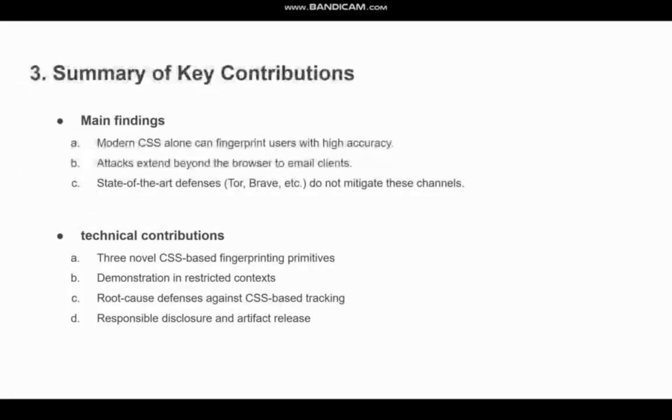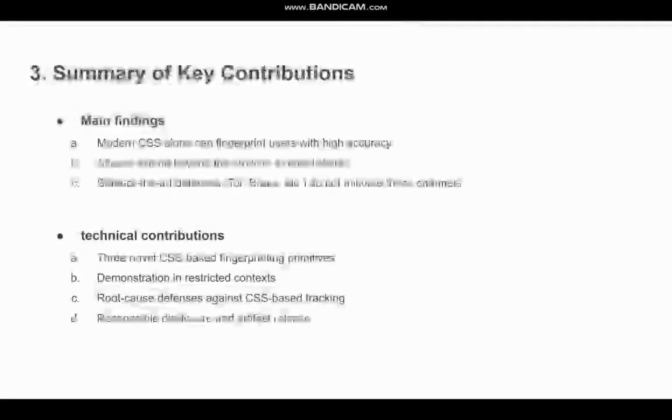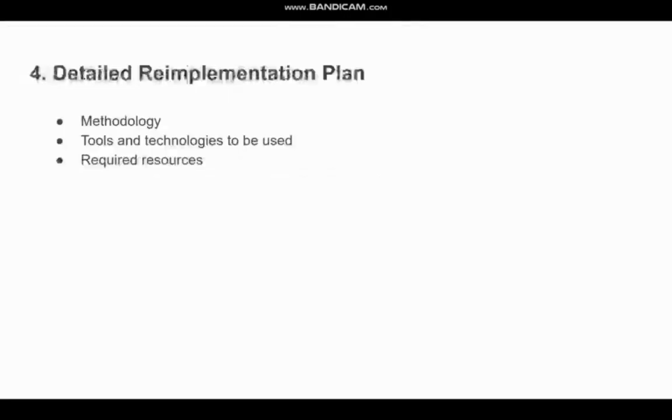The technical contributions include three novel CSS fingerprinting primitives and demonstrations in restricted environments like email, root cause defenses for browsers and emails, and responsible disclosure of vulnerabilities with public artifacts.